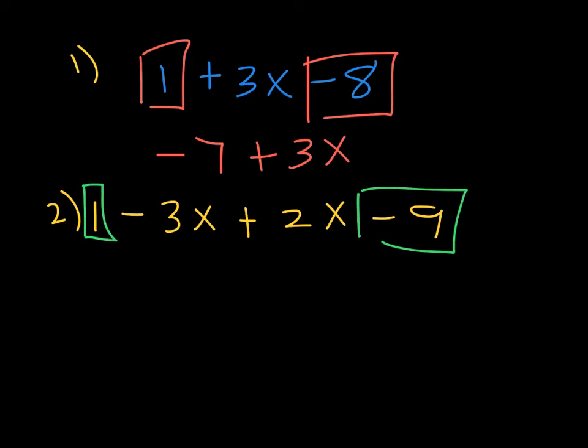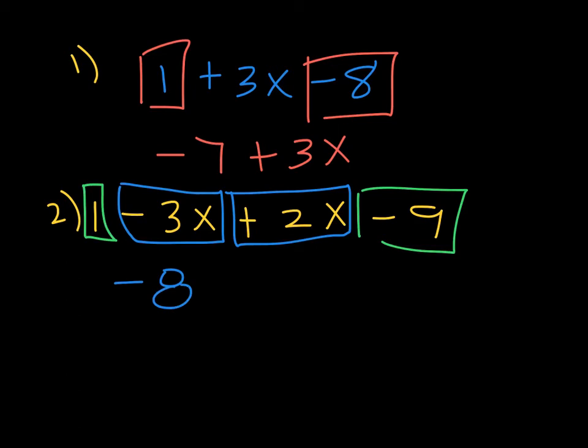Next, I'm going to box in negative 3x and positive 2x because they both have an x attached to them. So I have 1 and negative 9, which is going to give me negative 8. And I have negative 3 and positive 2, which is going to give me negative 1x. Or I can say negative 8 minus x because there's an understood 1 there.